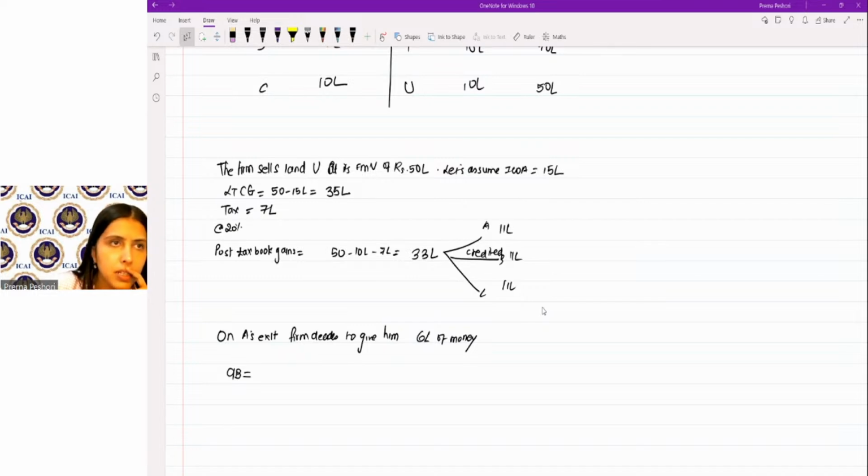Here, what will be 9B? Clear, Jacob? What will be 9B here? Yes, very good, Bombay. Capital asset is not transferred, so 9B is not applicable as cash is given.